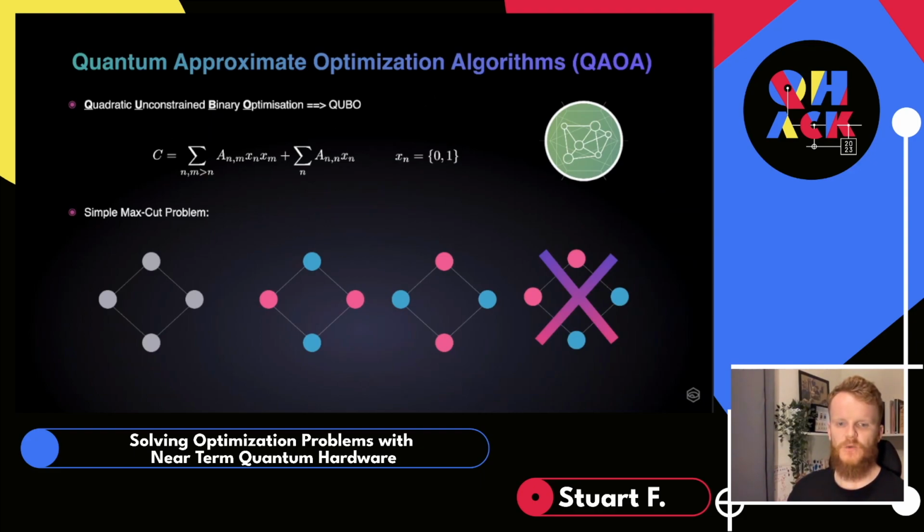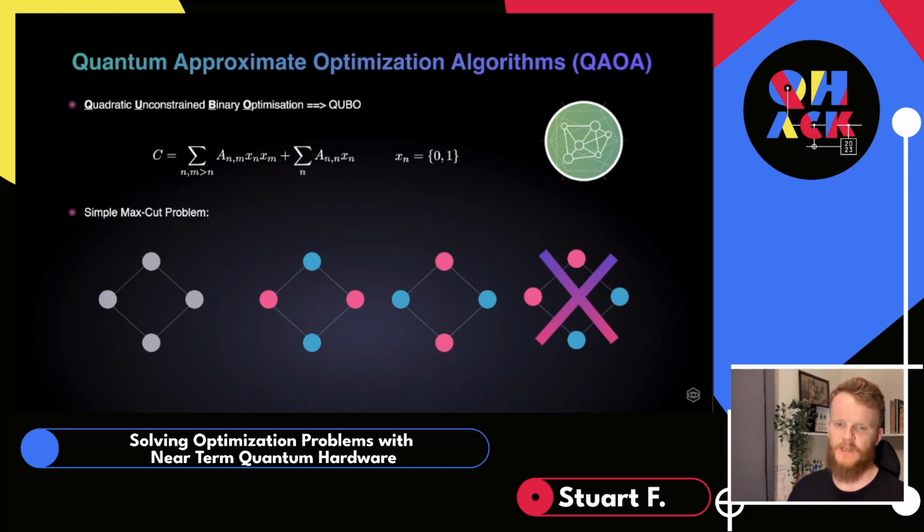Okay, let me take you through a simple example. I find it useful to visualize these QUBOs as graphs. So we have a 4-node graph shown here, which means we're representing a QUBO with 4 variables, 4 xn's. Each of these nodes represents one of our variables.